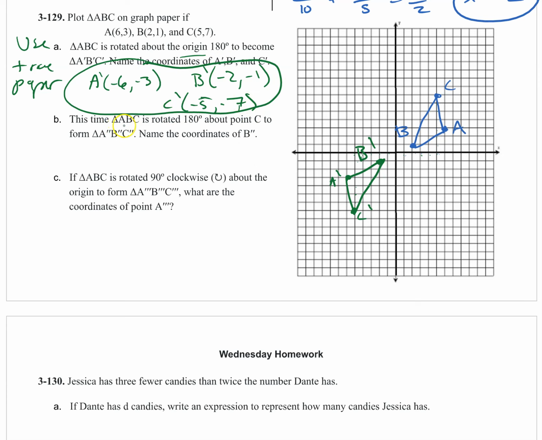Okay, part B. This time, triangle ABC is rotated 180 degrees about the point C to form A double prime, B double prime, C double prime. So triangle ABC is this one. It's the original one. And we're rotating it about point C. So draw your plus sign there. Let's go 180 degrees. There's A double prime.